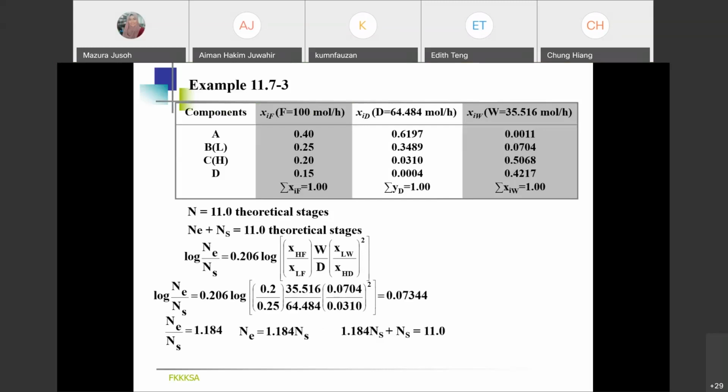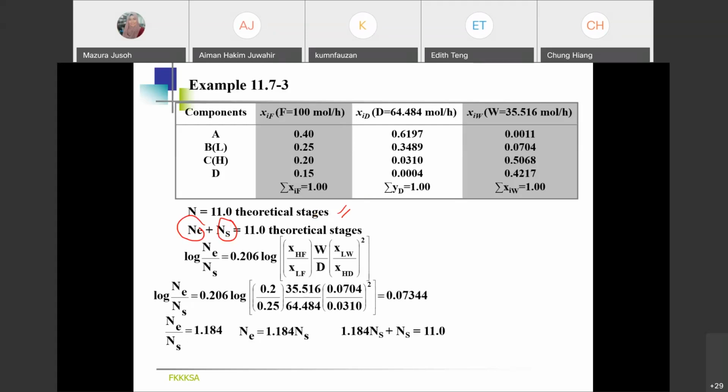You already have the theoretical stages to be 11. That is from the correlation, the Gilliland and Eduljee correlation that you used just now. And you also know this 11 is actually NE plus NS. NE is above the feed tray, NS is below the feed tray.